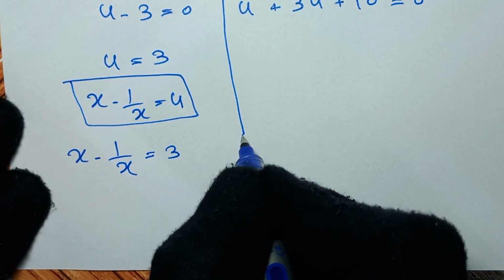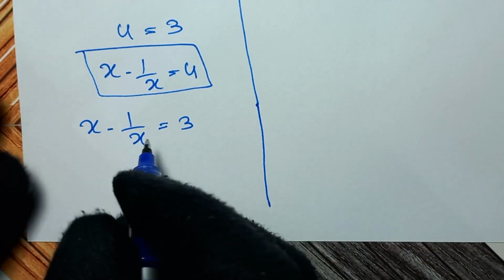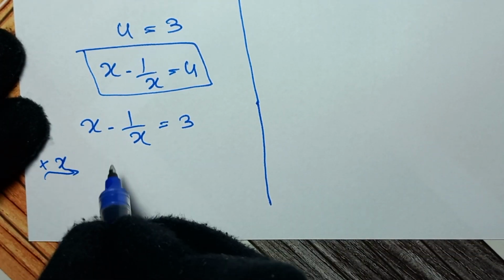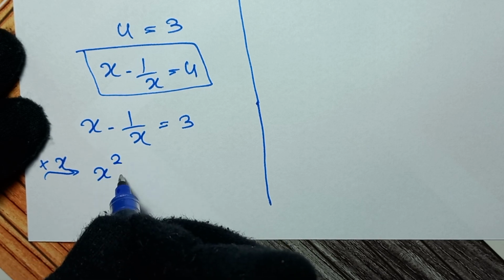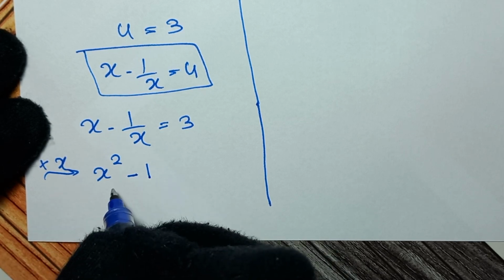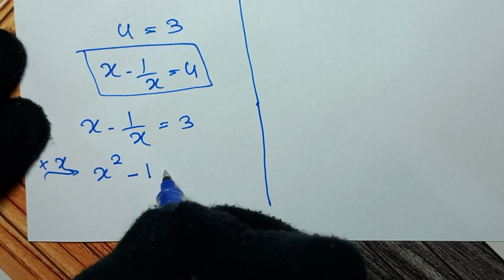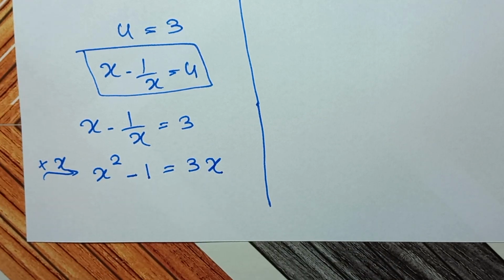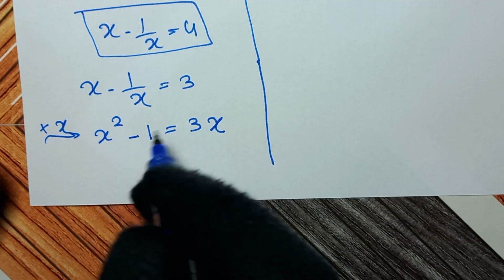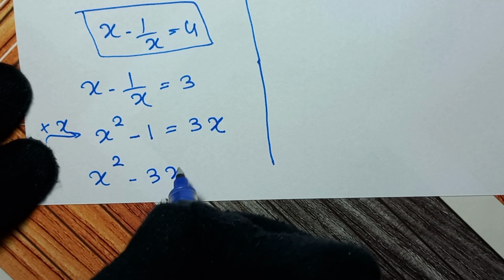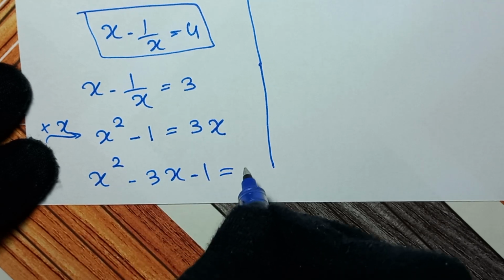And here, we multiply both sides of this equation by x. So we multiply by x, and it will be x squared minus 1 over x times x, it will be 1, right? This will cancel this, is equal to 3x. And in next step, we take this 3x to this side, so it will be x squared minus 3x minus 1 is equal to 0.